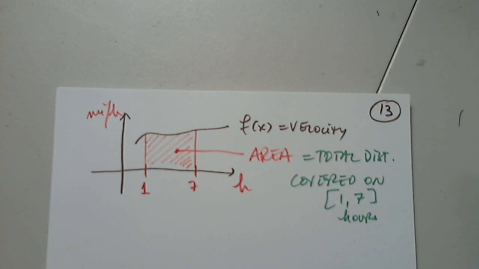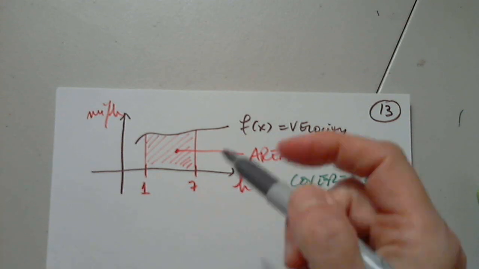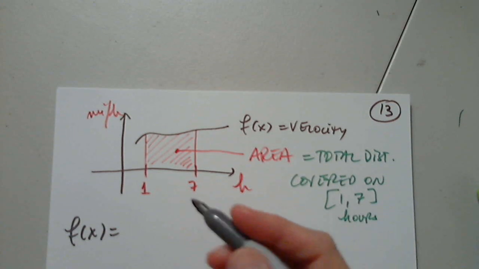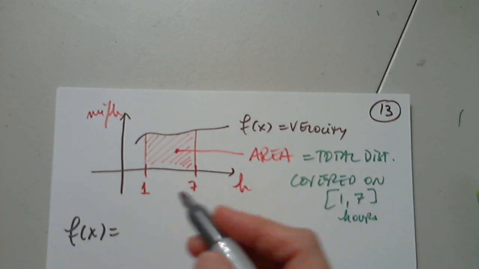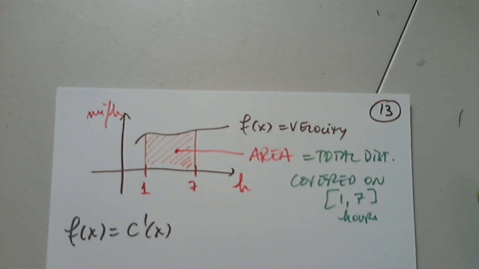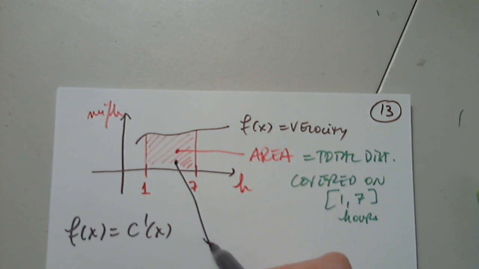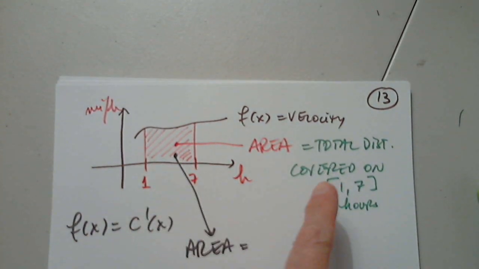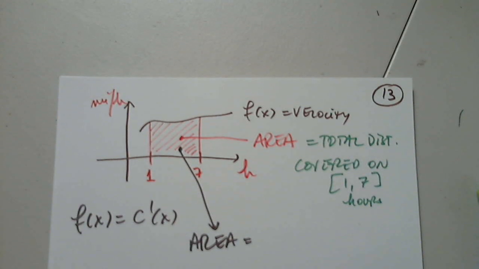Here's another question for you. What if instead of velocity, f of x is the marginal cost, the C prime? What will the area represent? If this is the velocity, the area represents the total distance.